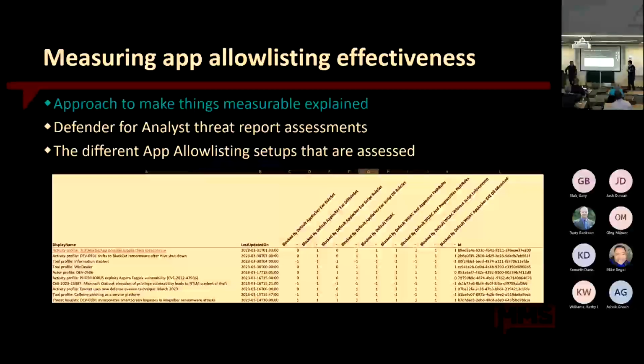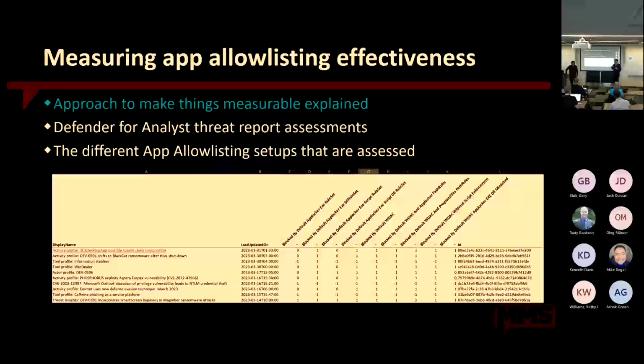Right? So what I've been doing for quite a number of months is every one of those threat campaigns in Defender for Endpoint is actually described by a threat analyst. Right? So a Microsoft security person looks at this threat and tries to figure out, okay, so what are they effectively trying to do? What techniques do they use? And I've used those threat analyst reports and started reading them.